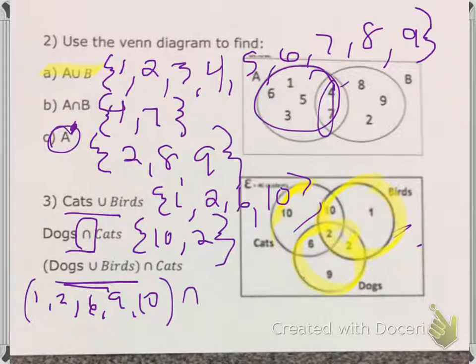And then I would intersect those with cats. Cats I have 10, 6, and 2. So everything that's in those same groups would be 2, 6, and 10 for my last group there.